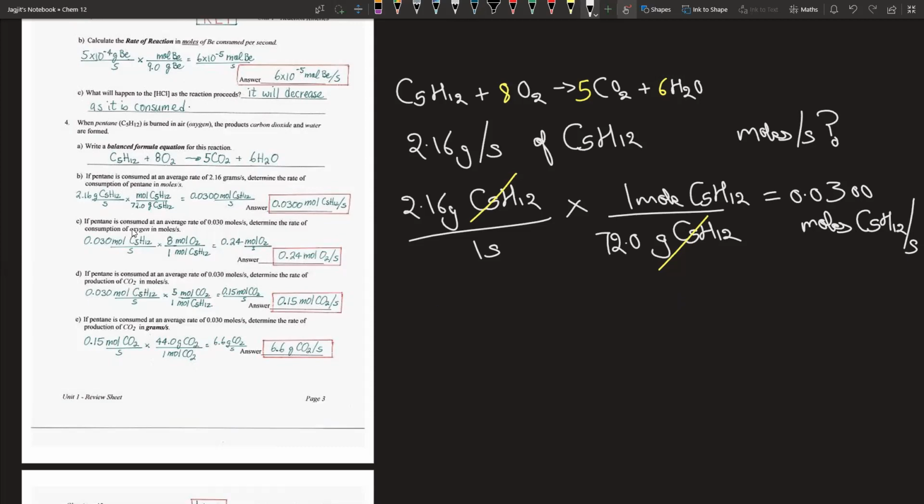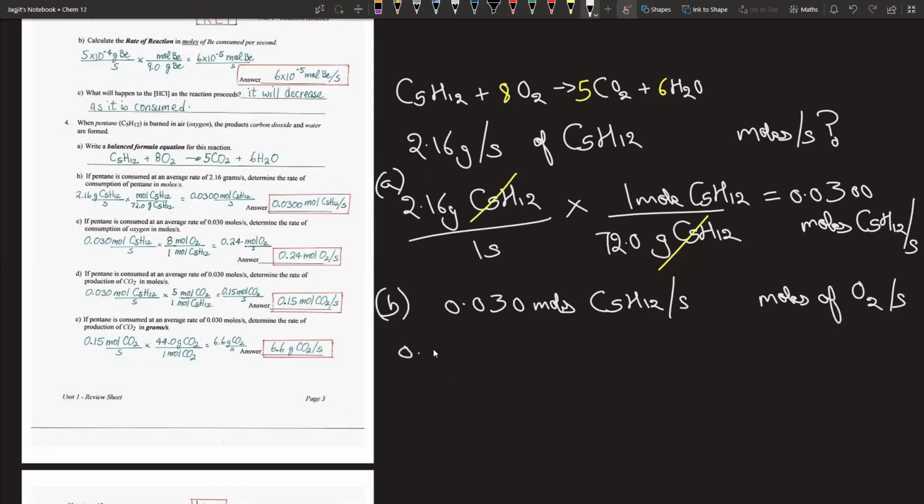Okay, good. In the next part, they're saying if pentane is consumed at a different rate, then they want you to find the rate in terms of oxygen's moles per second. So this was the A part. In the B part, they gave you the reaction rate of 0.030 moles of C5H12 per second, and they want you to express it in terms of moles of O2 per second.